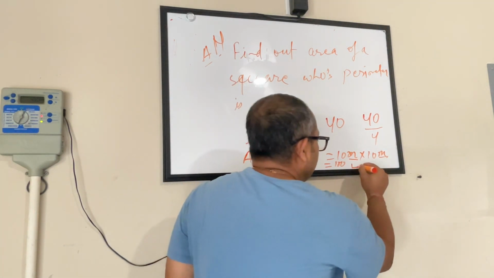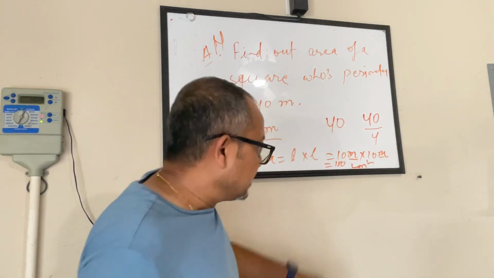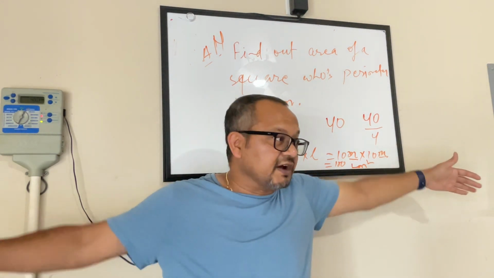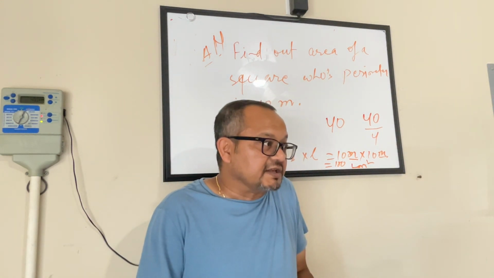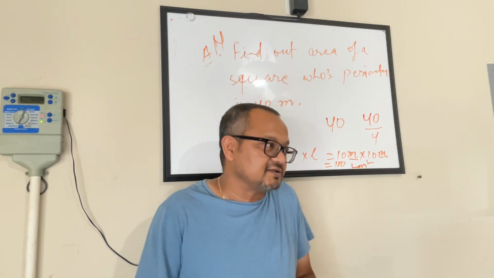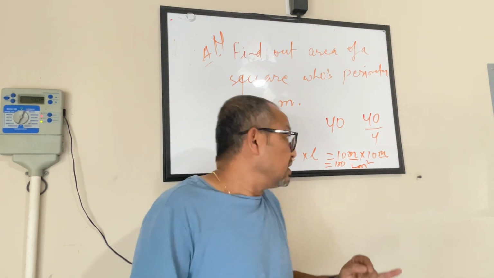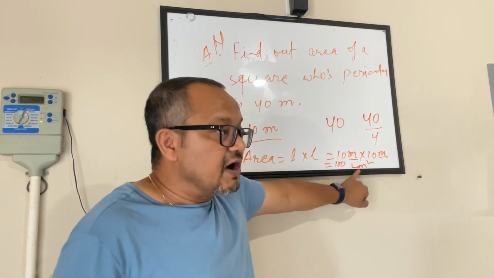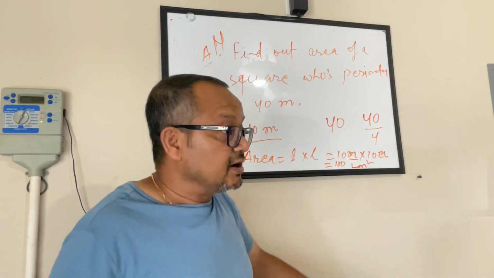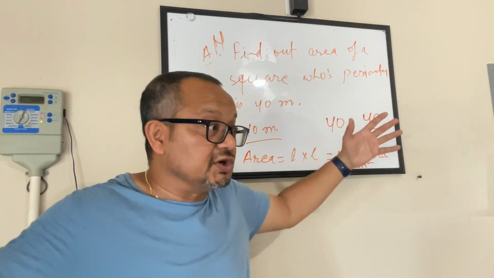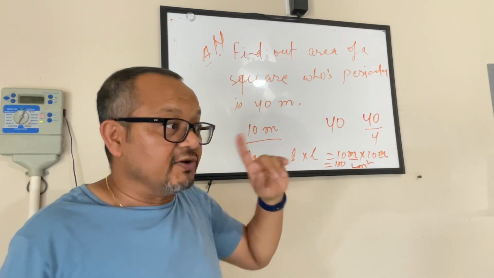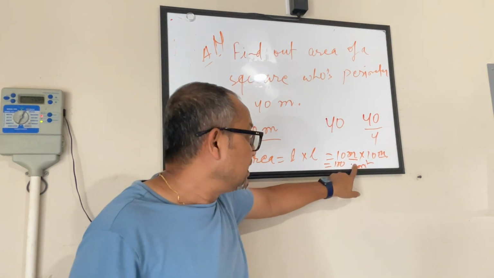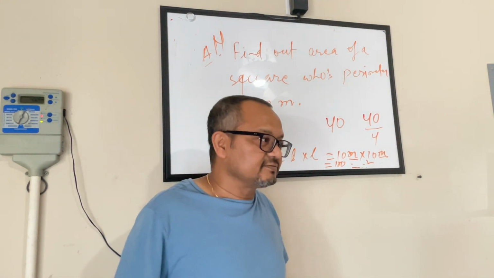If you say centimeter square, that is also not correct, because 100 square meter area versus 100 square centimeter area is a big difference. If you say 100 meter square versus 100 kilometer square, we are talking about a huge difference. So never ever ignore the unit, because if you ignore the unit, everything goes wrong.